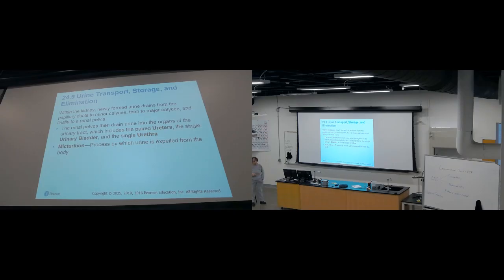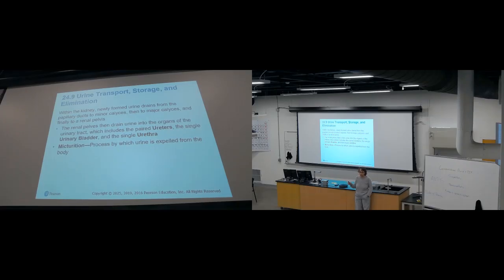Okay, so that's formation and concentration of urine and study of urine. Now let's look at urine transport, storage, and elimination. Once you form the urine, it goes from the pyramids into the papilla, and then from the papilla into the minor calyces, major calyces, and then into the renal pelvis. That is like a funnel.